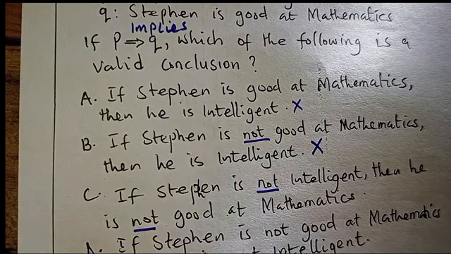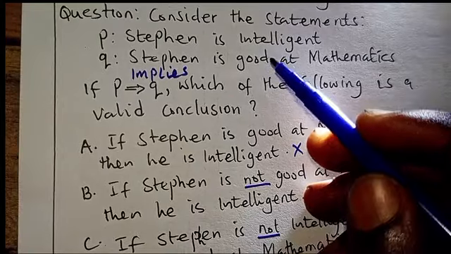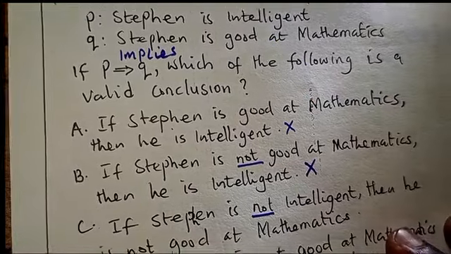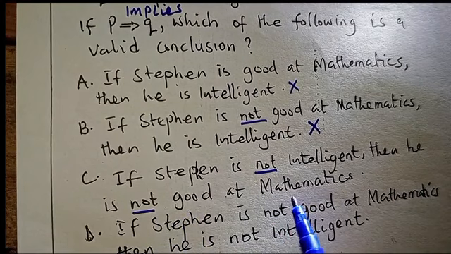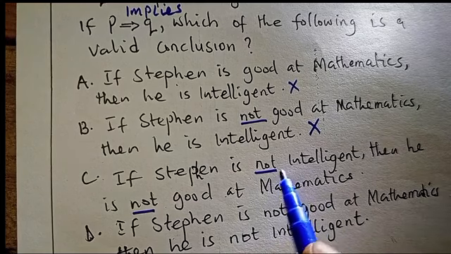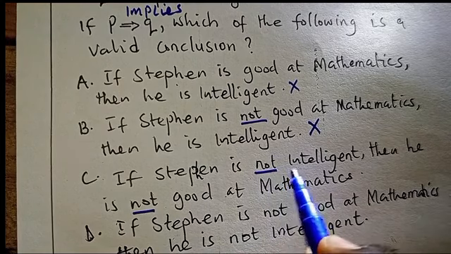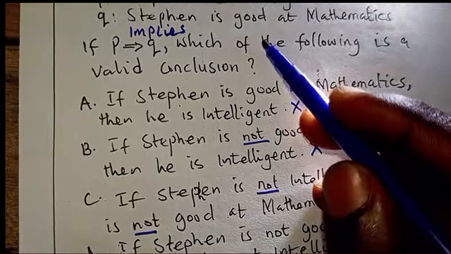So here they pick intelligent first according to what we have up here, Stephen is intelligent, and they put mathematics as the last statement. The only thing is that they use negation here, which is the best conclusion to this.